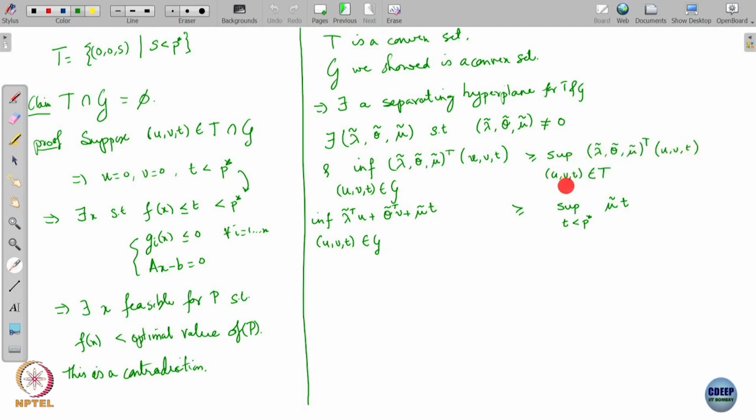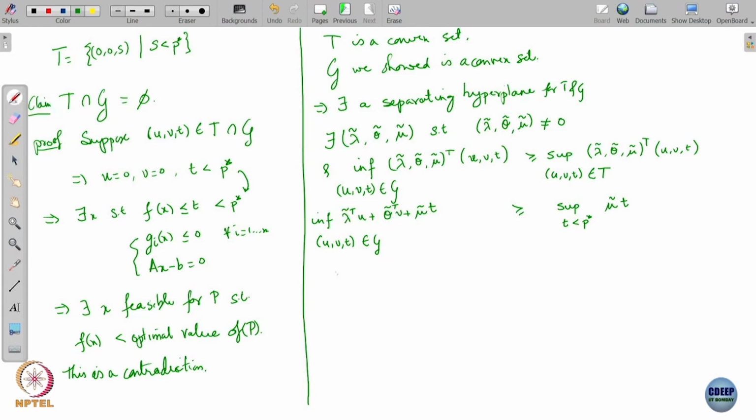So, you cannot possibly have either of lambda tilde and mu tilde as negative.